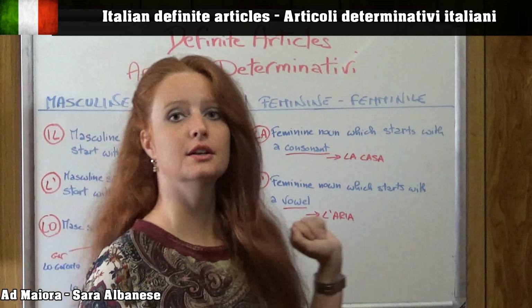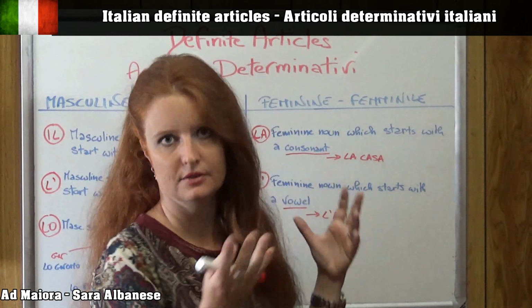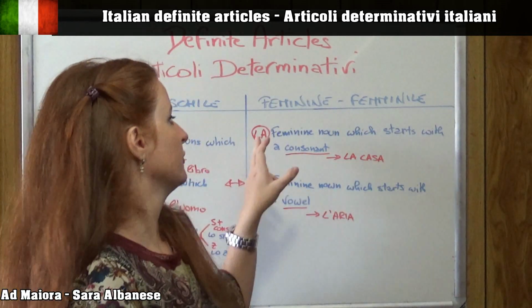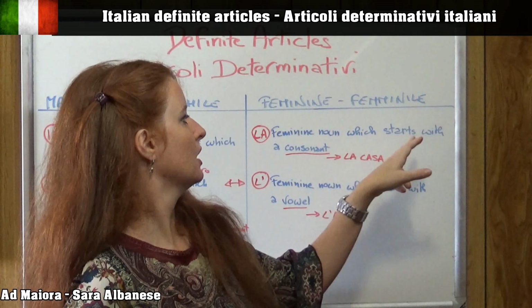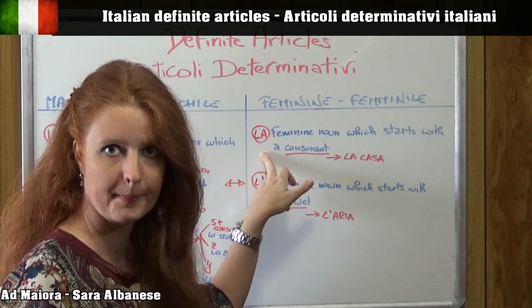The first one concerns feminine nouns starting with a consonant, and the second, nouns starting with a vowel. So feminine nouns which start with a consonant use the article la.